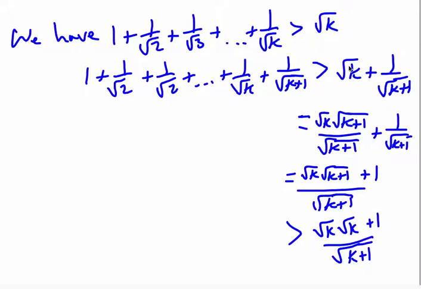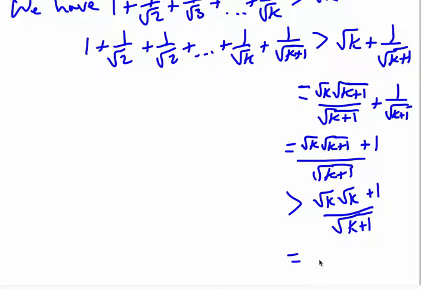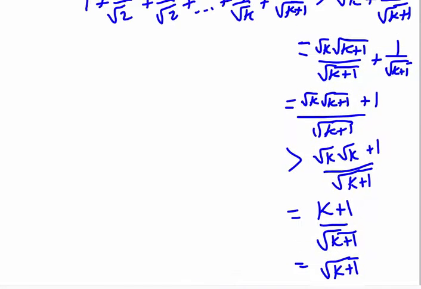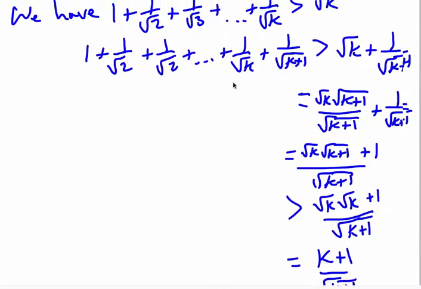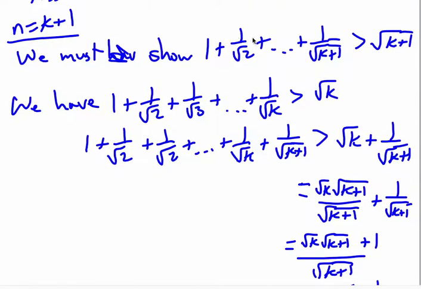We can go as small as we want here because the inequality will still hold. Just taking away that 1, we get k plus 1 over root k plus 1, which equals root k plus 1. And if you follow all of this, what we have now is that this quantity is greater than root k plus 1 as required, right there.